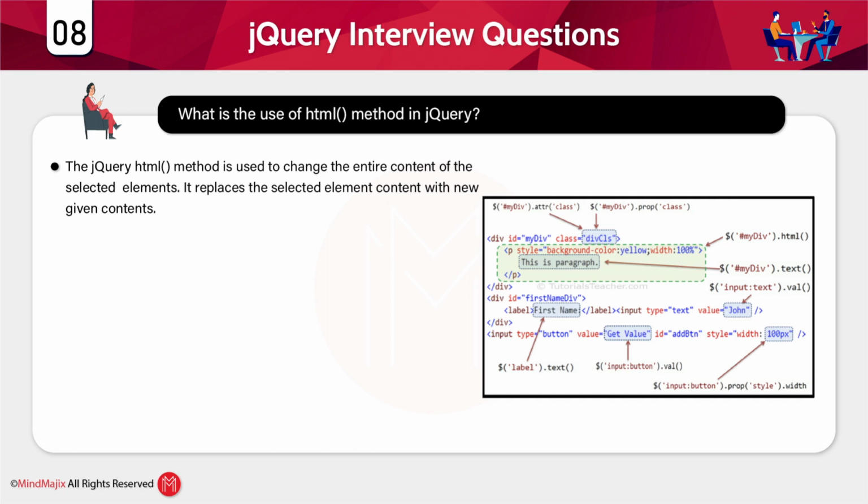Suppose here a function is defined in which, when the document is ready, a button click is defined. On button click, we are changing the HTML of all the paragraphs. Suppose a paragraph is defined and it has some content. When the button is clicked, it will show hello mindmajix.com. So this is the use of the HTML method in jQuery.